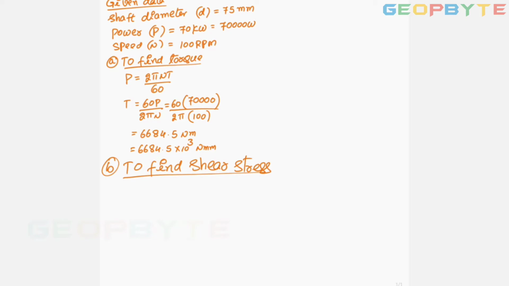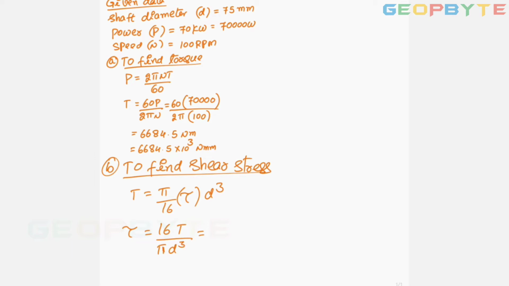To find the shear stress, T equals pi by 16 into shear stress tau into d cube. From this, shear stress tau equals 16T by pi d cube.